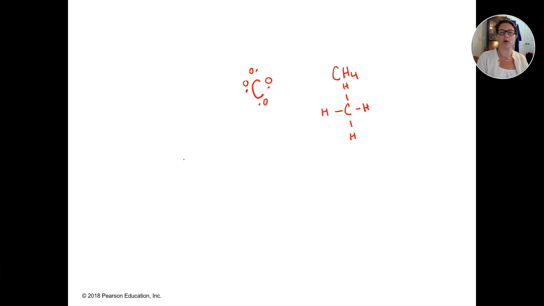So if I go back to carbon's Lewis structure, and I look at hydrogen's Lewis structure, what we're going to see happen is these are going to be the ones that are shared. Carbon is now sharing a pair of electrons with hydrogen, and hydrogen is sharing a pair with carbon.